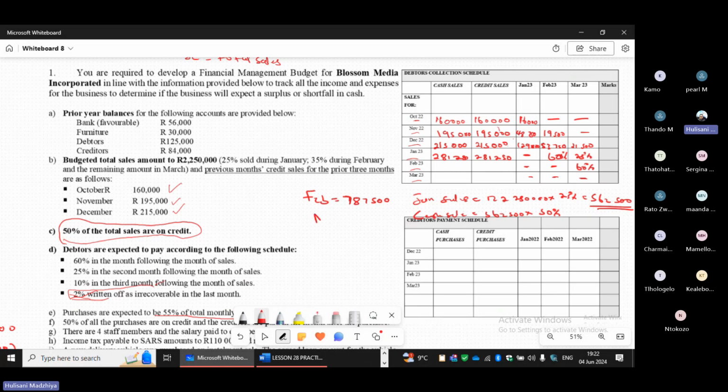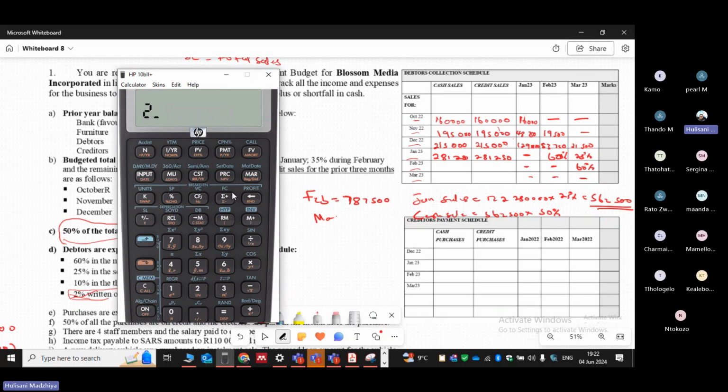And then for March, it says that the remaining is for March. So we need to say 25% was allocated to January, plus 35% for February. That gives us 60%. So 40% has not been allocated, which means it's going to be allocated to March, because they say the remaining is for March.